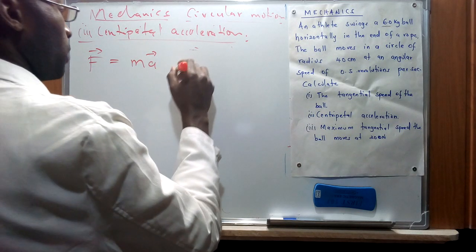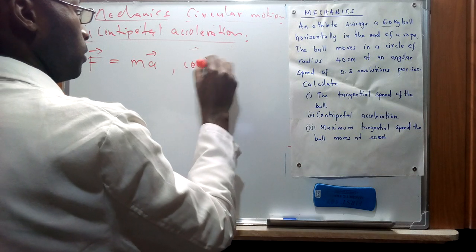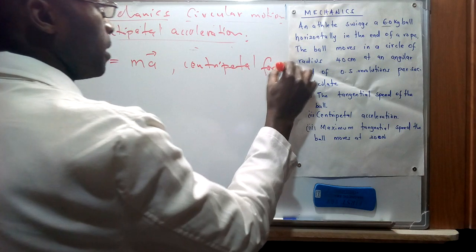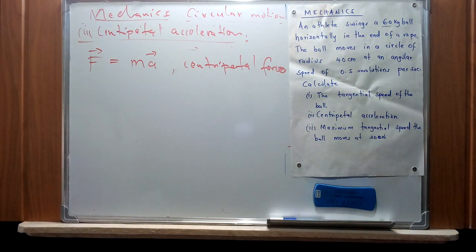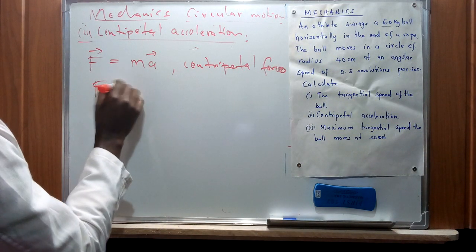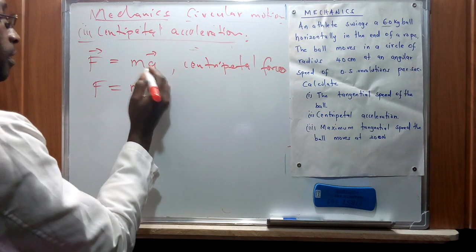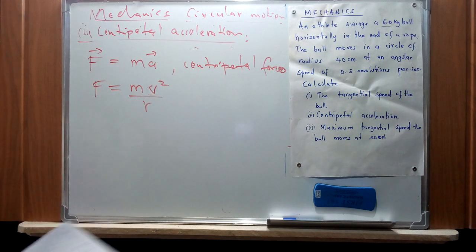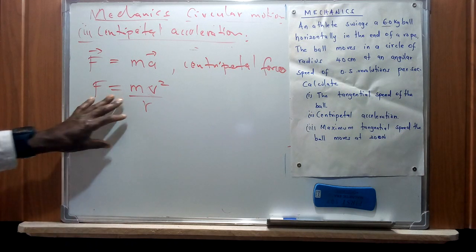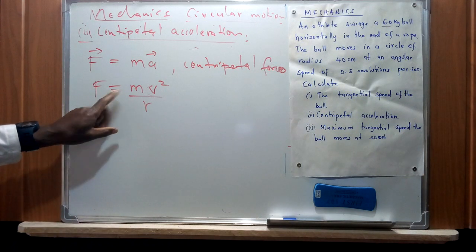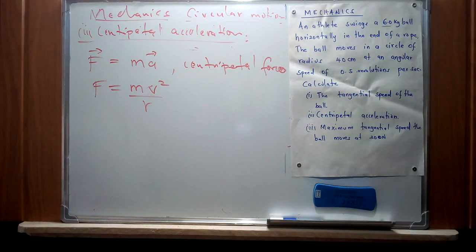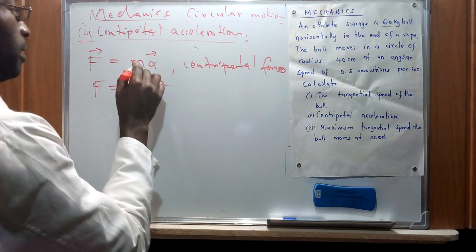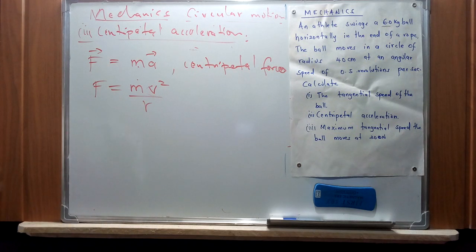And in this case, of course, we're going to talk about the concept of centripetal force. So if we are talking about centripetal force, then it is given as force equals mv squared over r. So implying that for centripetal acceleration, which is being experienced by our object that is moving in a circular motion, the mass for this object will just be the same as a constant.